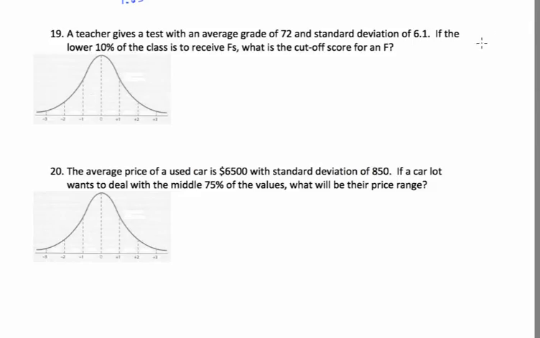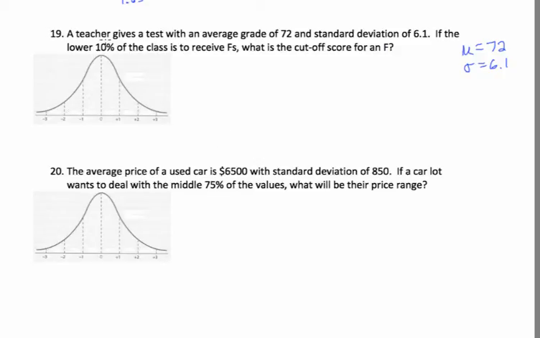A teacher gives a test with an average score. So our mu is 72 and standard deviation is 6.1. So that means a z-score of 0, that's going to be where your 72 is. And then as you go a standard deviation out, that'll be 6.1 higher. Okay, so if the lower 10% of the class is to receive Fs, what's the cutoff score for an F?